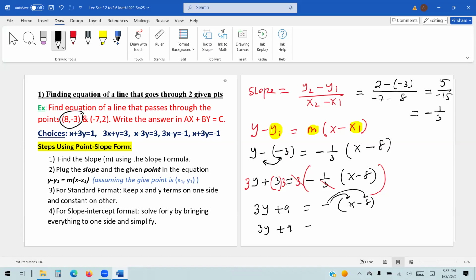So 3y plus 9 ... standard form. So we don't want the 9 on the left, so we subtract. So let's do it here. We have 3y equals negative x. And how much is plus 8 minus 9? Negative 1.